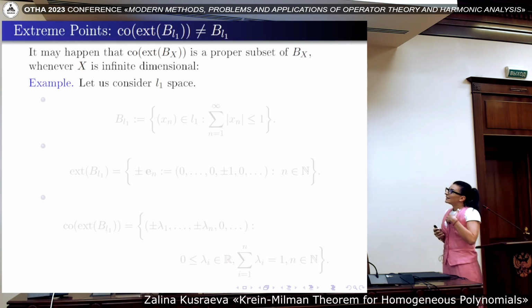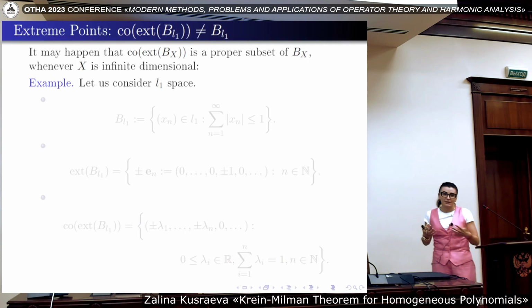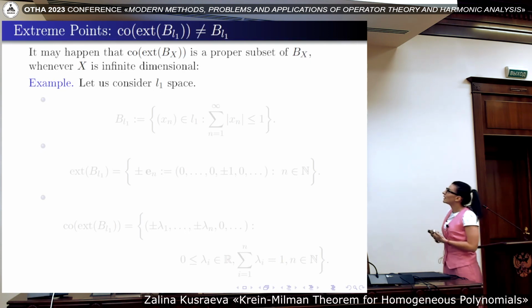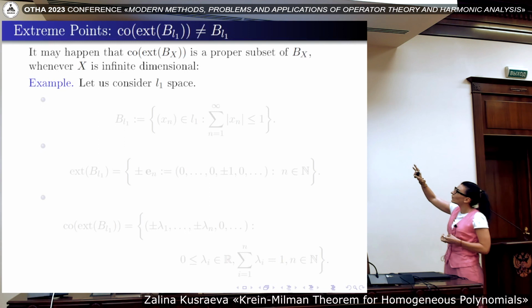But in the infinite dimensional case, Minkowski's theorem doesn't work, and it may happen that the convex hull of the extreme points of the unit ball is a proper subset, which means it is strictly less than the unit ball itself. To show this, let us consider one more example. We consider the l1 space.